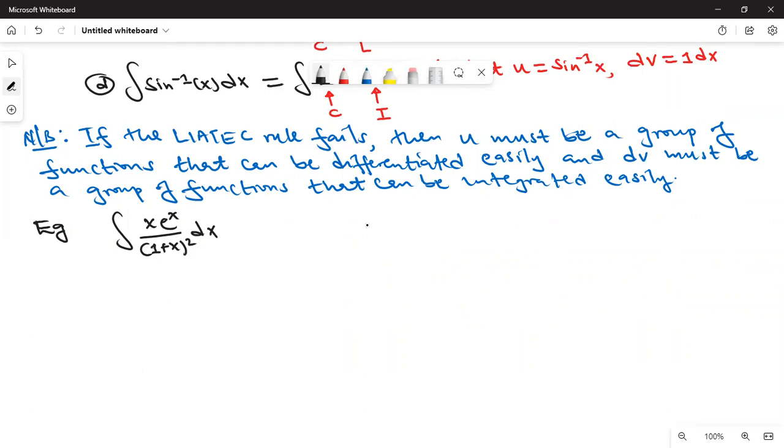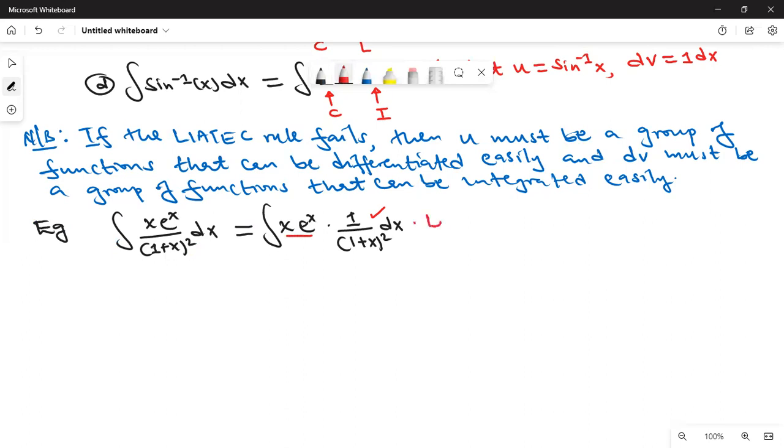In this case, this can be written as the integral of x times e to the x times 1 over 1 plus x squared dx. I can easily integrate 1 over 1 plus x squared, so that will be our dv, and then the other one will be u.